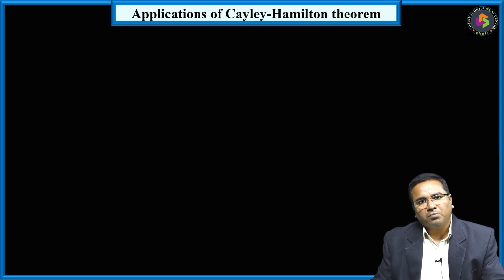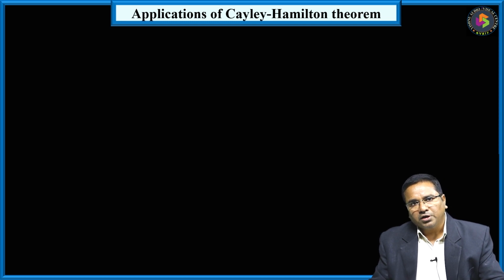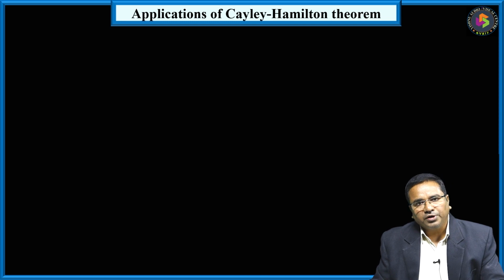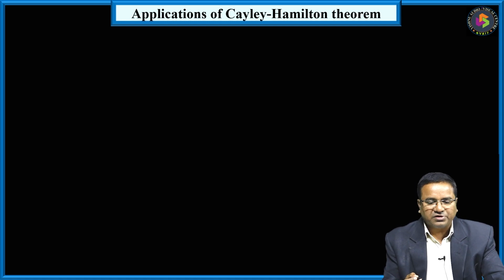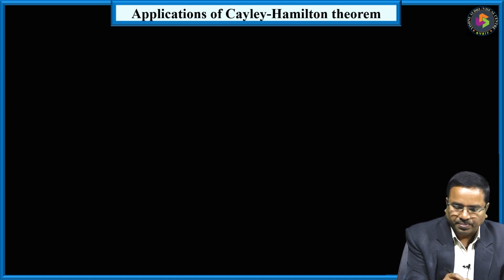The second type of problem is that we can reduce a higher degree polynomial to a lower degree polynomial by using Cayley-Hamilton Theorem. Today's lecture covers these two types of problems. First of all, I will state the theorem.